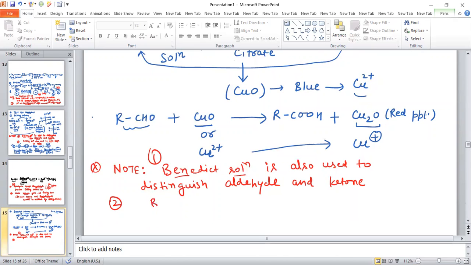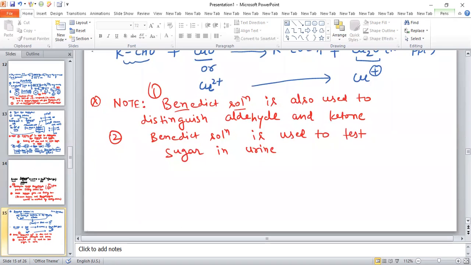So you can say Benedict solution is used to test sugar in urine, like Fehling's solution. Now, the same tests which are given by Fehling's solution are also given by the Benedict solution.